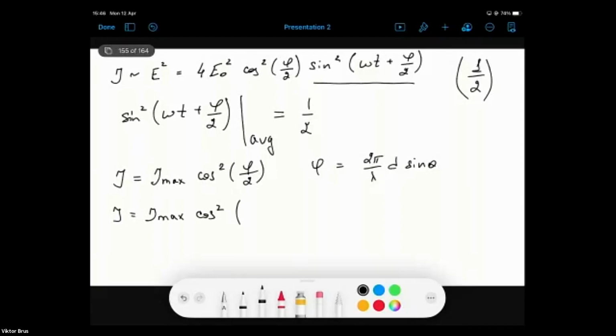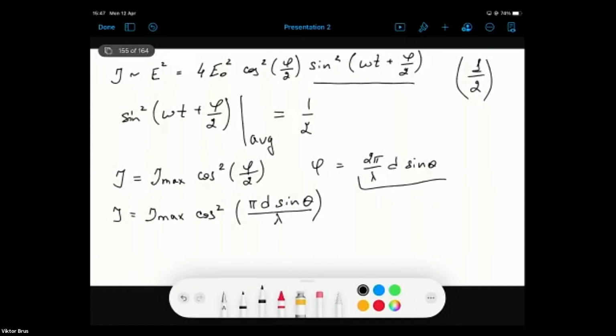Instead of phi, we have this expression. Keep in mind that we have 2 in the denominator. So we end up with pi times d times sine theta divided by lambda.